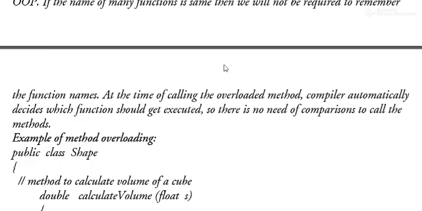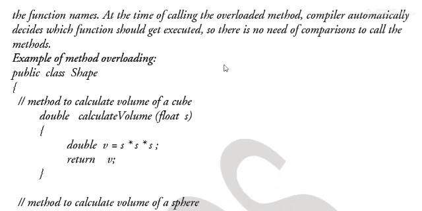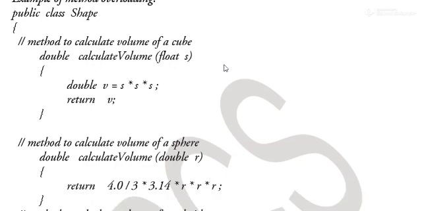Now look at another example by which we can implement method overloading. Here in a class Shape, one method is declared: double calculateVolume(float s). This method returns a double value and receives a float value. It will calculate the volume of a cube and return the calculated value.